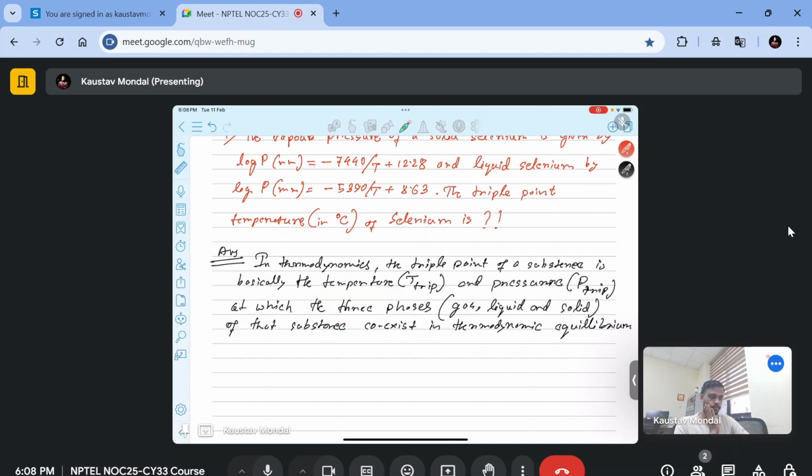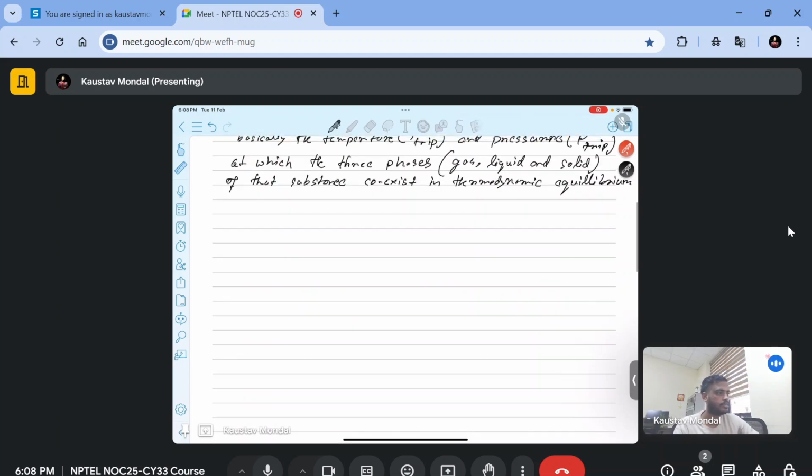Let me demonstrate with a diagram, then maybe you will be able to understand more clearly. Let's suppose this is the axis. This is a schematic, representative diagram. The y-axis is the pressure and the x-axis is the temperature.